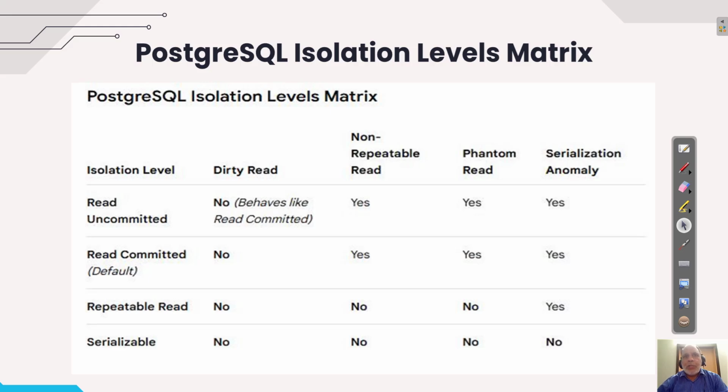Here you can see in this isolation level there is no problem. All the anomalies, dirty read, non-repeatable read, phantom read, and serialization anomaly, we don't see. So this is the most effective model in the Postgres database, but it is a little bit slower.